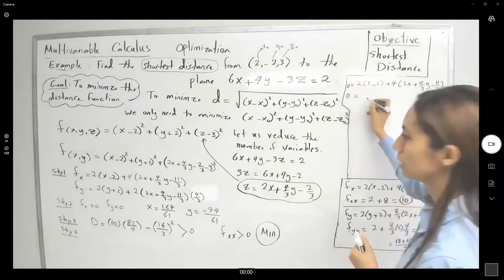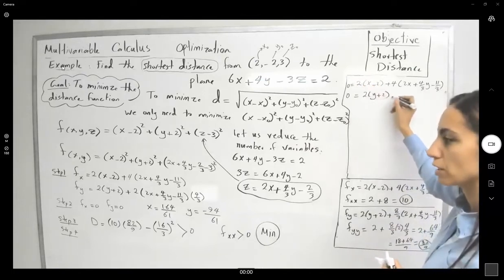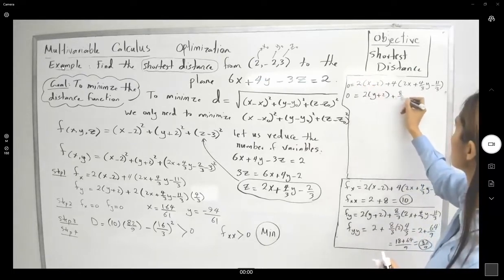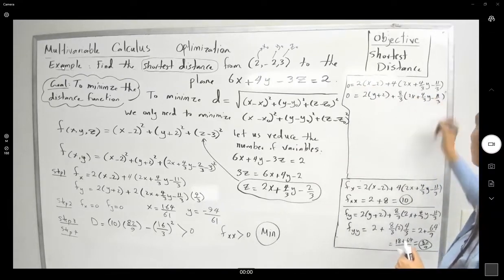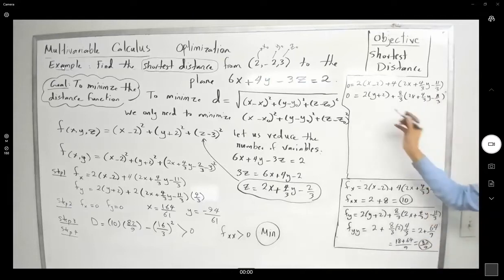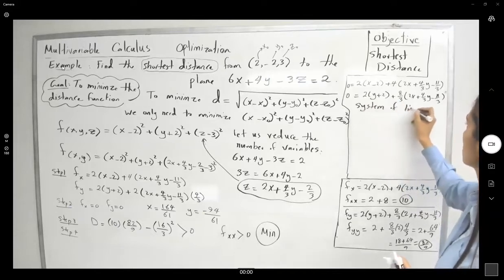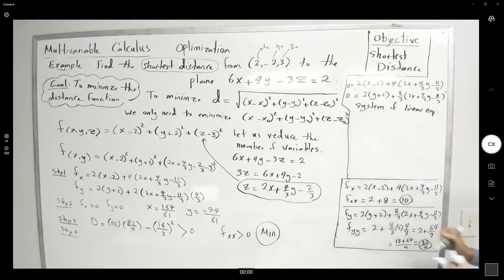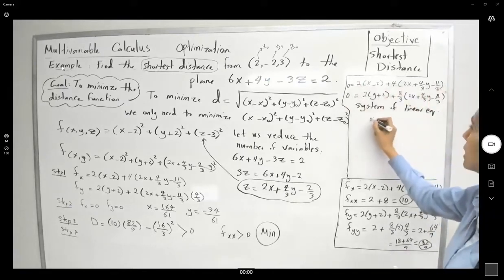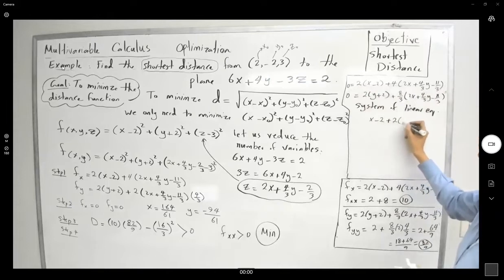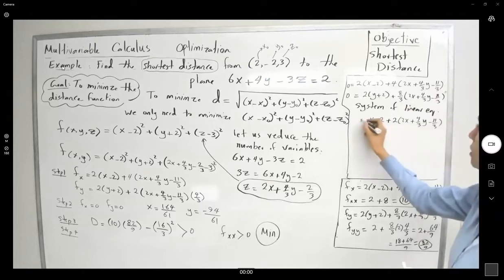And the second one is 2 times y plus 2. And here we get 8/3, 2x plus 4/3 y minus 11 over 3 equal to 0. So we have a system of linear equations. Well, we can simplify the first equation, which is x minus 2 plus 2 times 2x plus 4/3 y minus 11 over 3 equal to 0.